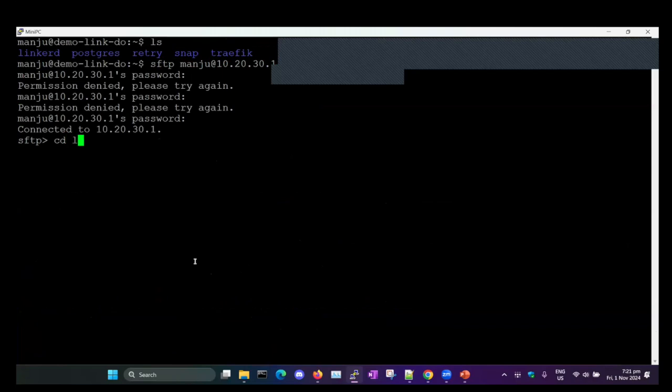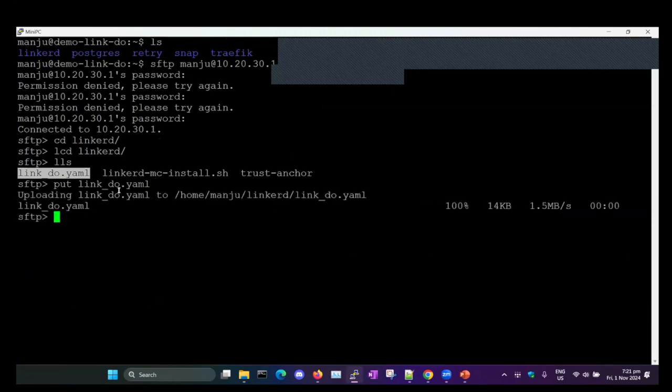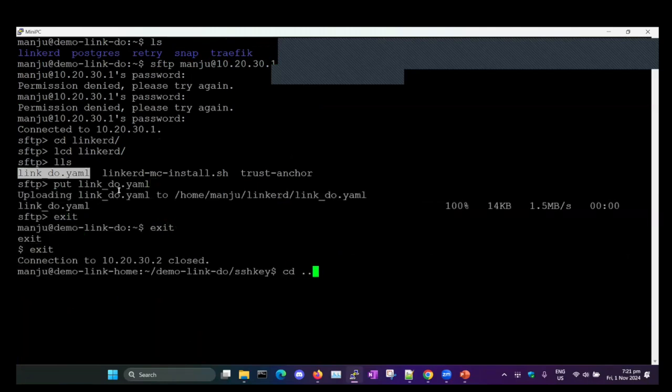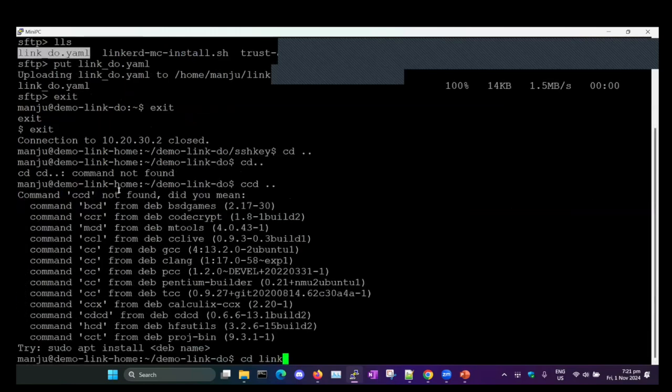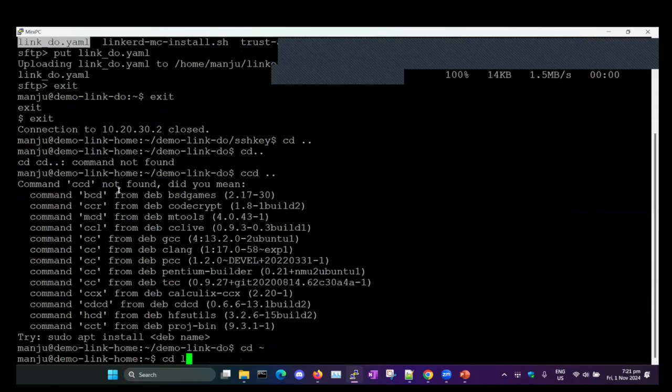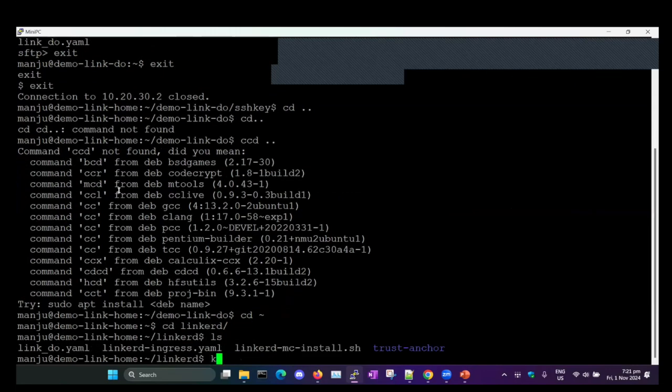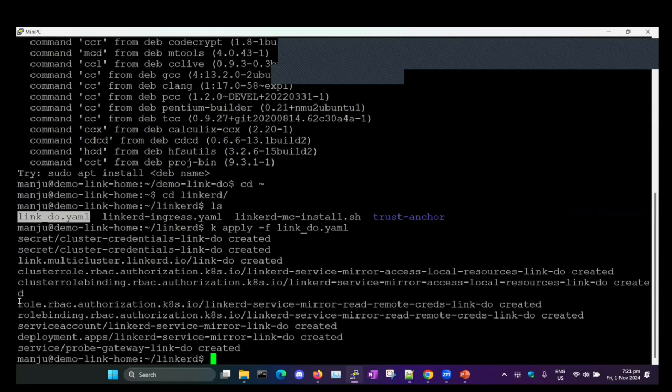Okay. I'm just transferring the thing that I generated on multi-cluster to this original cluster. And what should happen now, it should already establish.